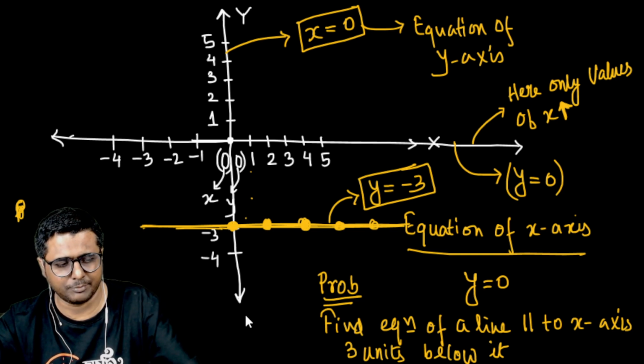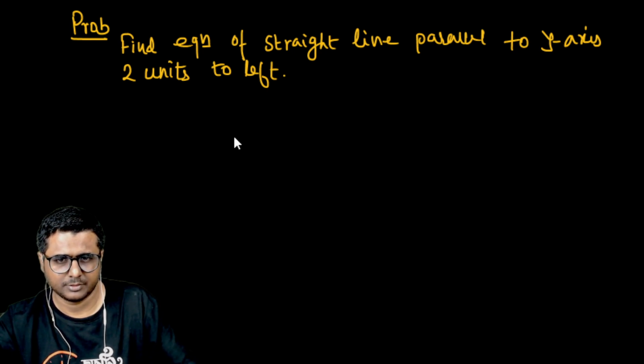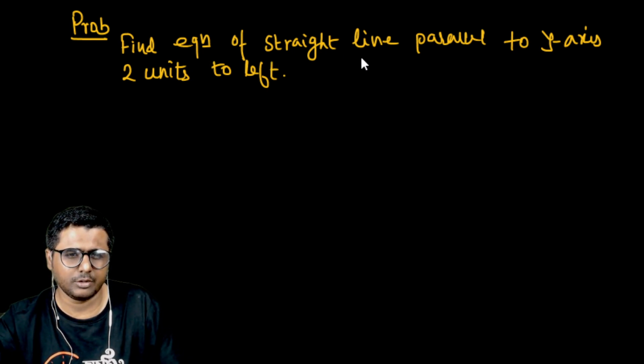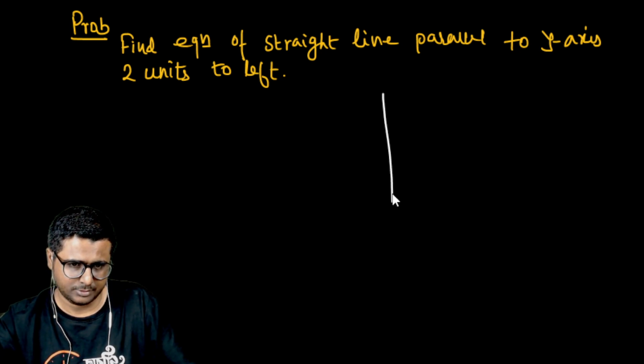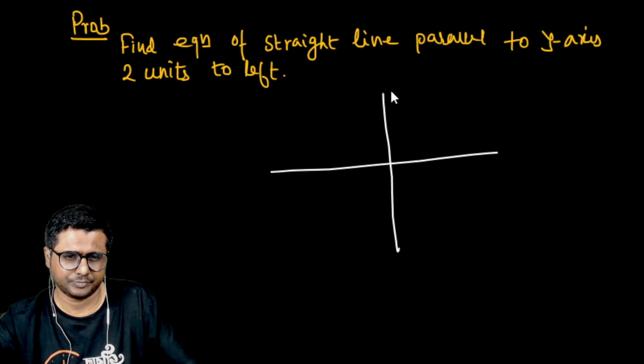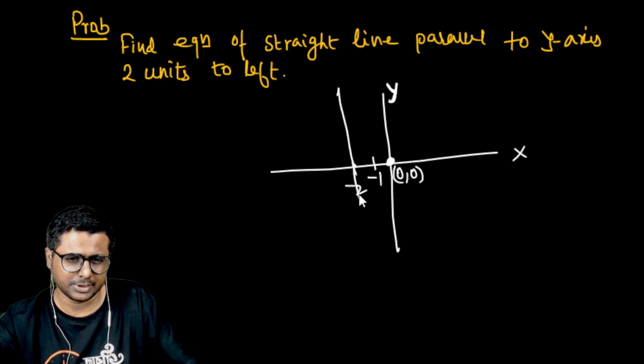So let us solve another problem. Here it is said find equation of straight line parallel to y axis 2 units to left. So this is my y axis, this is my x axis. This is 0, 0, 2 units to left, that means here it is minus 1, here it is minus 2, that is the left side, and parallel to y axis means this line.